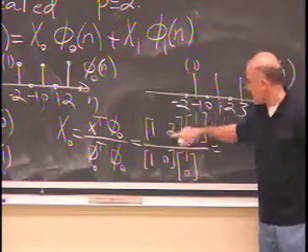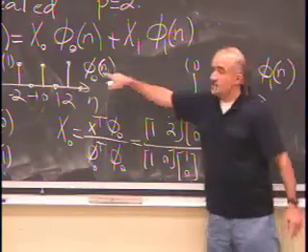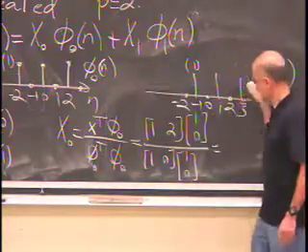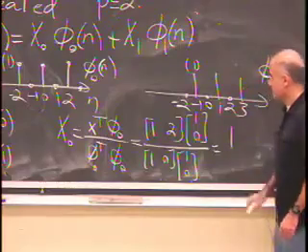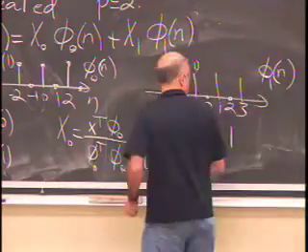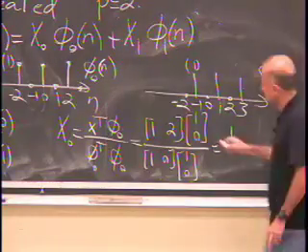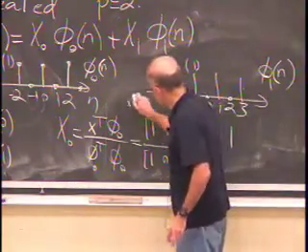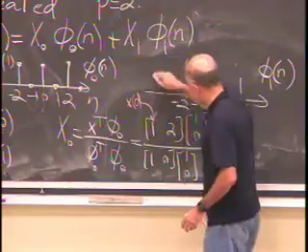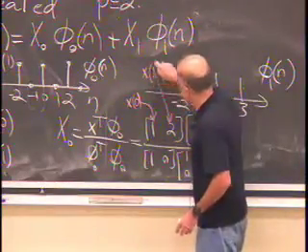It always does that for this particular set of functions, the canonical signals. So you get 1. And remember, this is x at 0, and this is x at 1.